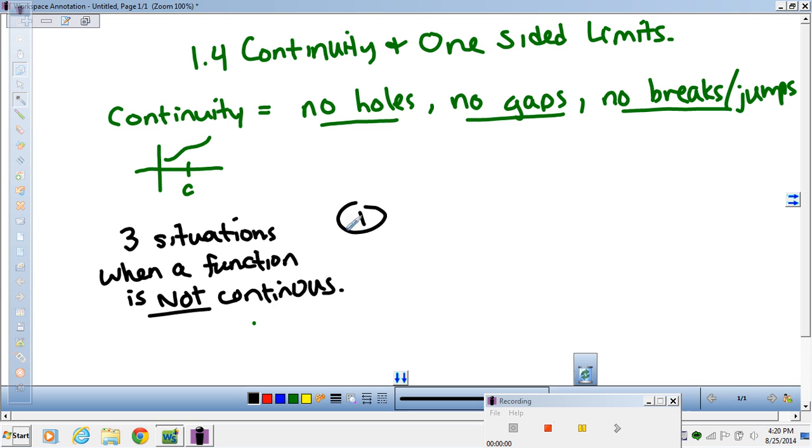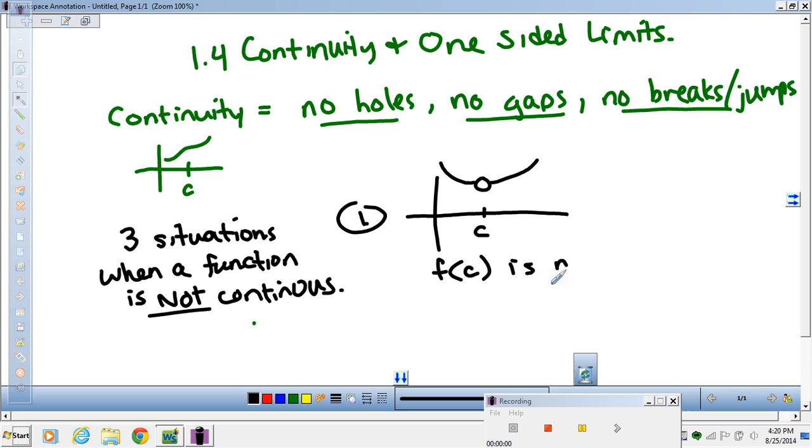The first of which is when I have a removable discontinuity. So if I have a function that looks like this, there's a hole at c, so I say that f of c is not defined. Why? Because I have a hole at c.